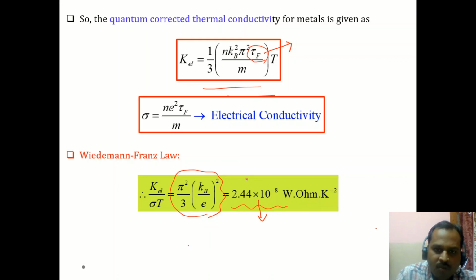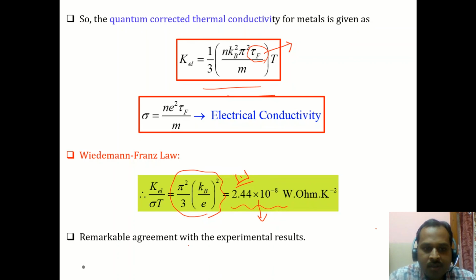Classically it was 1.1, whereas quantum mechanically it is coming out to be 2.44, which has a remarkable agreement with the experimental result. So this is the second success of using the quantum corrections to the classical Drude model.